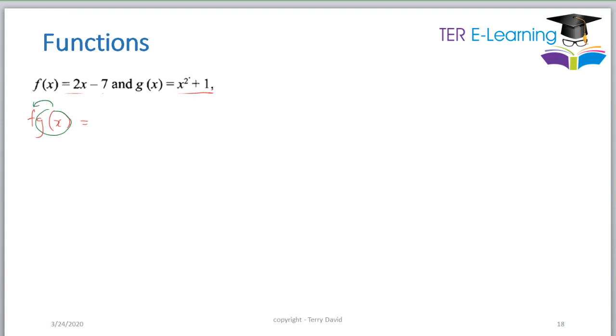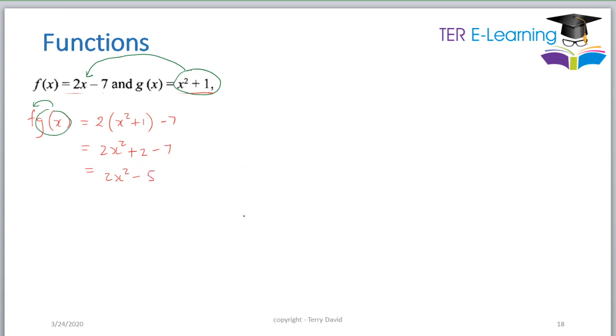So I'm taking g of x. This is g of x here, x squared plus 1. And what I'm going to do, I'm going to take that whole thing and substitute it for x into this expression, right? That is what it means. So therefore, this is going to be 2 open brackets x squared plus 1 minus 7, which is equal to 2x squared plus 2 minus 7, which is equal to 2x squared. 2 minus 7 is minus 5.